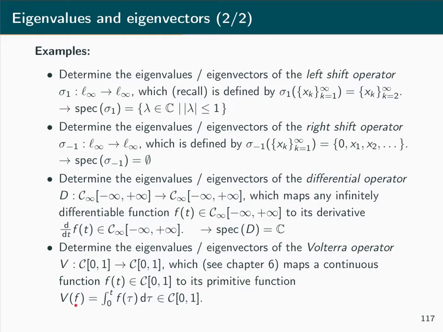So the image of f is given by the integral from 0 to t of f of tau d tau. The solution to this example will be a part of exercise sheet 8. The result, however, is already stated here, namely the spectrum of the Volterra operator contains exactly one eigenvalue, which is equal to 0. So your job in the exercises will be to prove this equation.